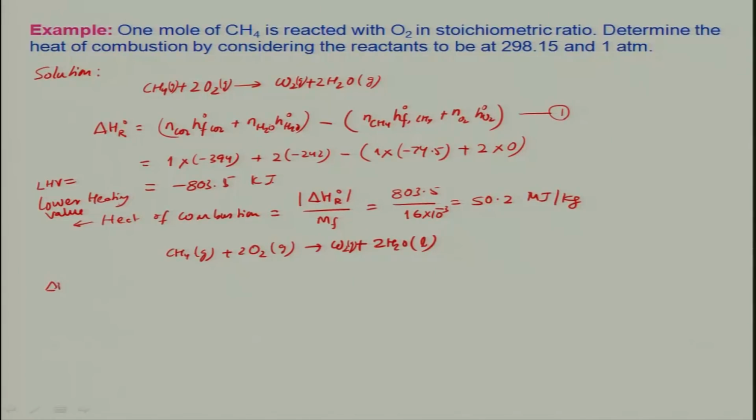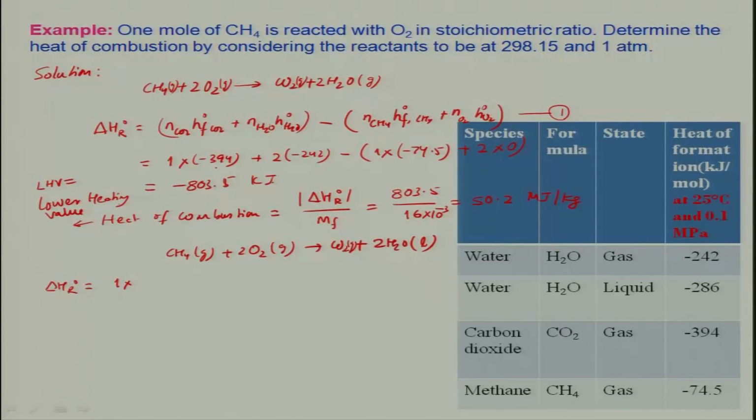For this I will have to use these values. N will be 1 mole into the same 394, since carbon dioxide is minus 394 kilojoules per mole, plus 2 into, because the water is liquid, minus 286, minus 1 into minus 74.5 plus 0, because the heat of formation of oxygen is not given here but is 0.